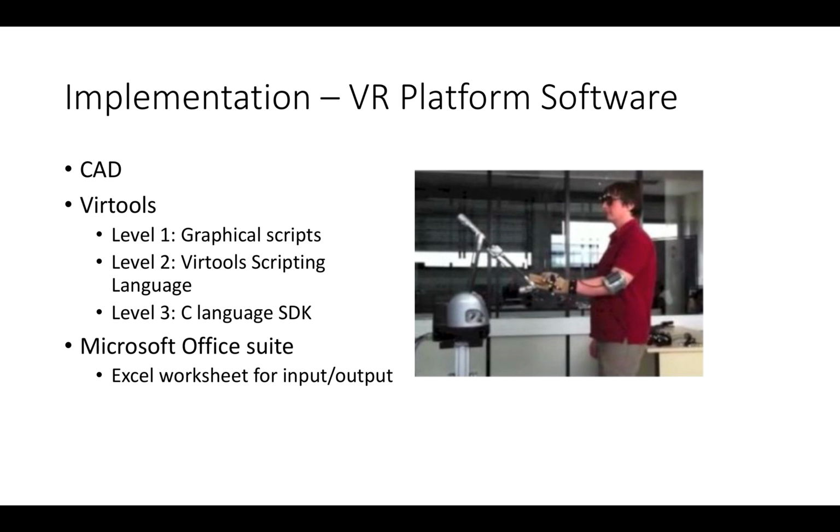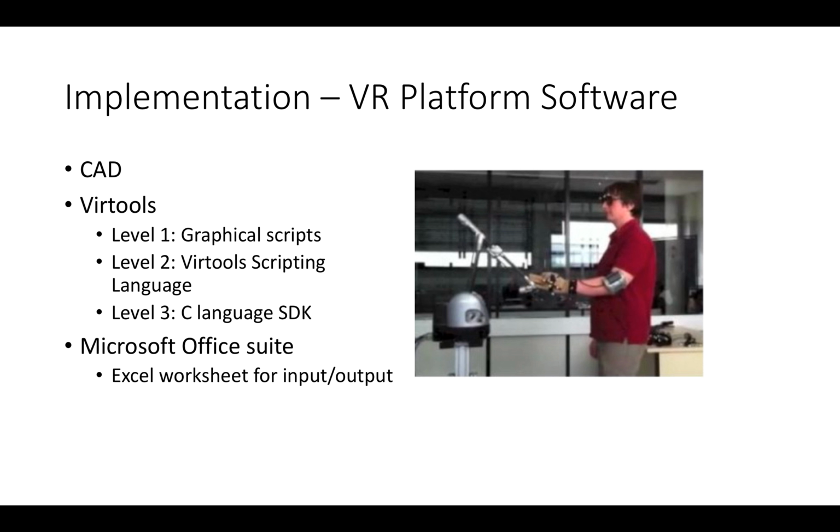Level 1, which is the top graphical level. Level 2, which includes the virtual scripting language that allows the programmers to build specially tailored building blocks. And level 3 is a C language software development kit. Virtuals is used to endow CAD objects with properties used in interactive simulations.